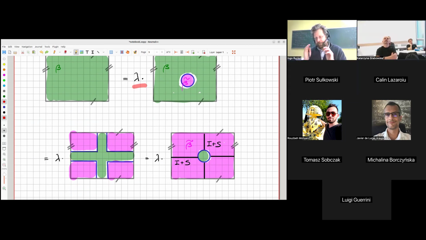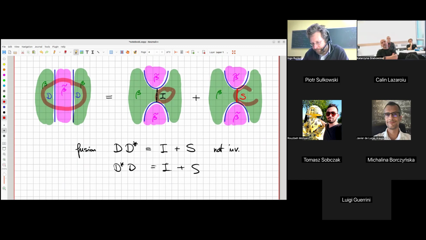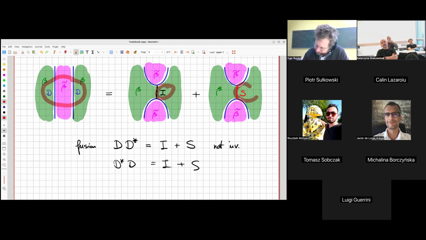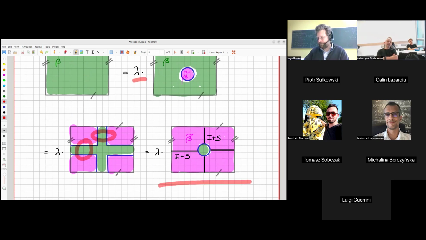I've used the fact that I've got a topological interface, and now I use this fusion relation from the previous page to fuse these two lines together and those two lines together, and I get this 1 plus S. So that was the exact identity on the lattice I had up here. I'm using this twice. Right, and then I get this expression.